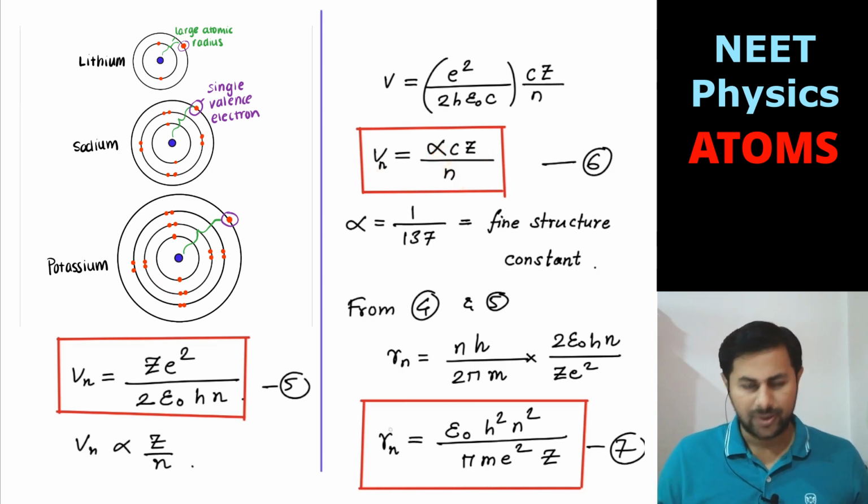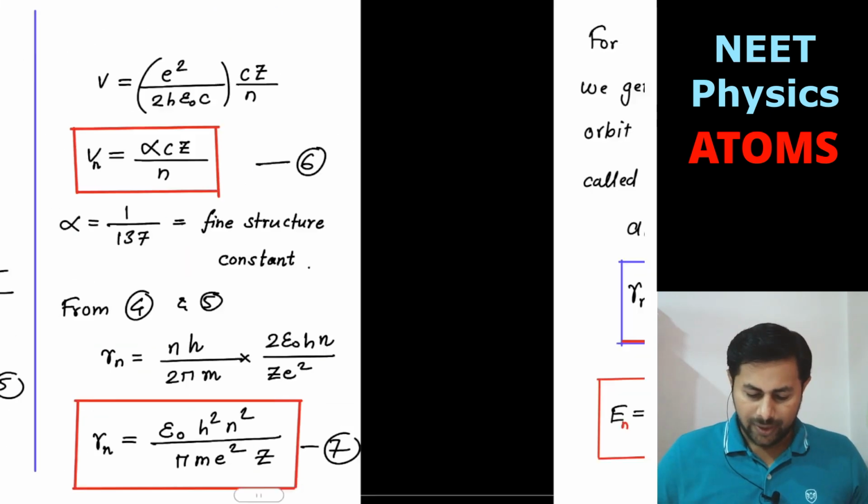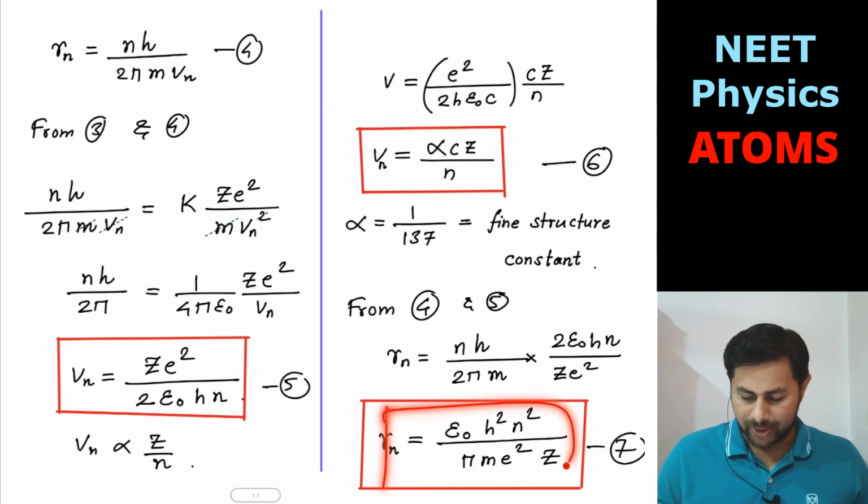Then we also saw that the radius of electron in the nth Bohr orbit of an alkali atom is equal to epsilon naught h square n square divided by pi m e square times z. Okay, epsilon naught h square n square divided by pi m e square times z, right? So here you need to remember this formula too.